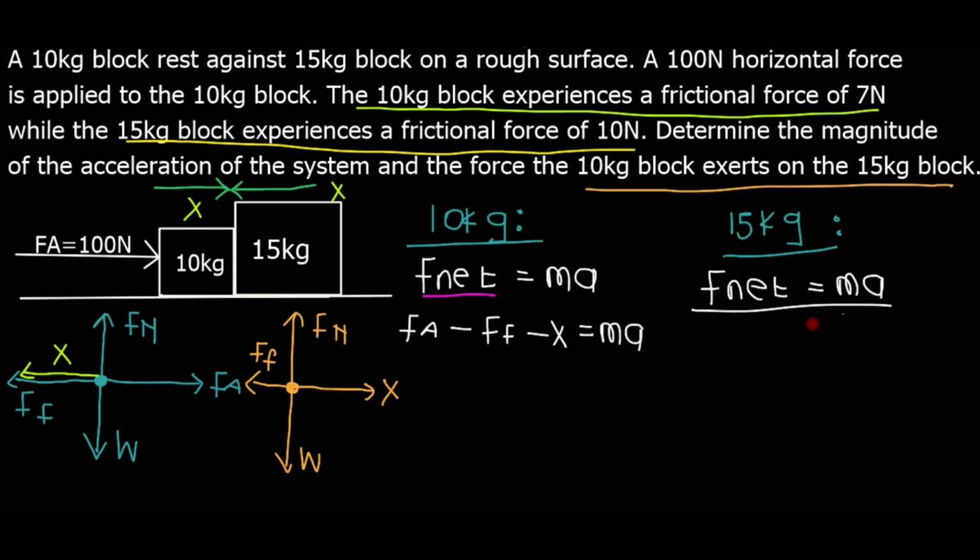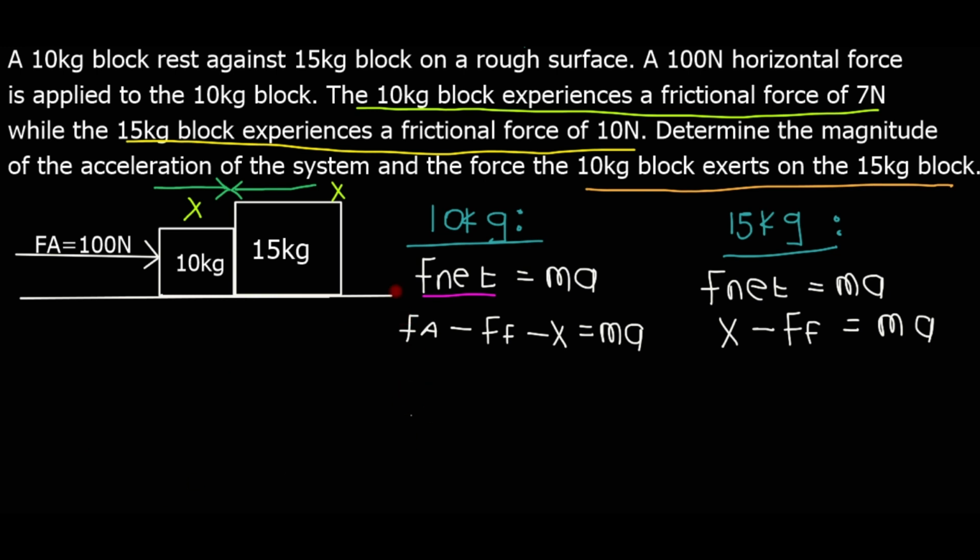So now let's see this one. Here x is in the positive direction, the direction of motion, and friction is in the opposite direction, so x minus friction equals ma. Now let's substitute.